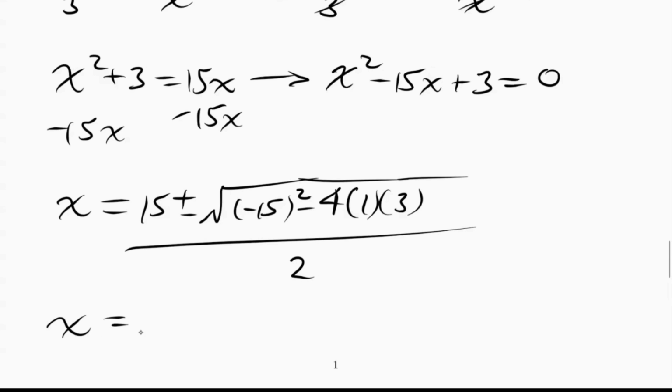So we can simplify this, and after that, we will be done. All right, so we have a 15 squared that gives us a 225, minus a 12 would give us a 213, divided by 2. All right, so final answer, x is equal to 15 plus or minus the square root of 213 divided by 2.